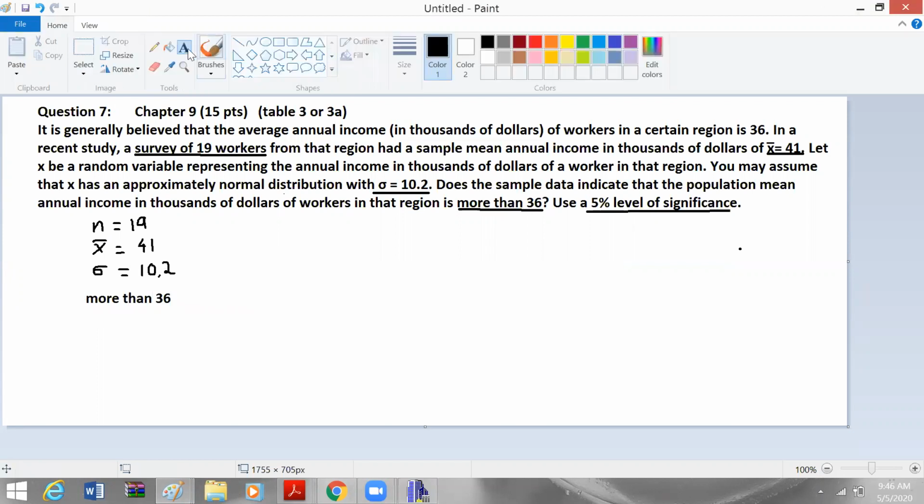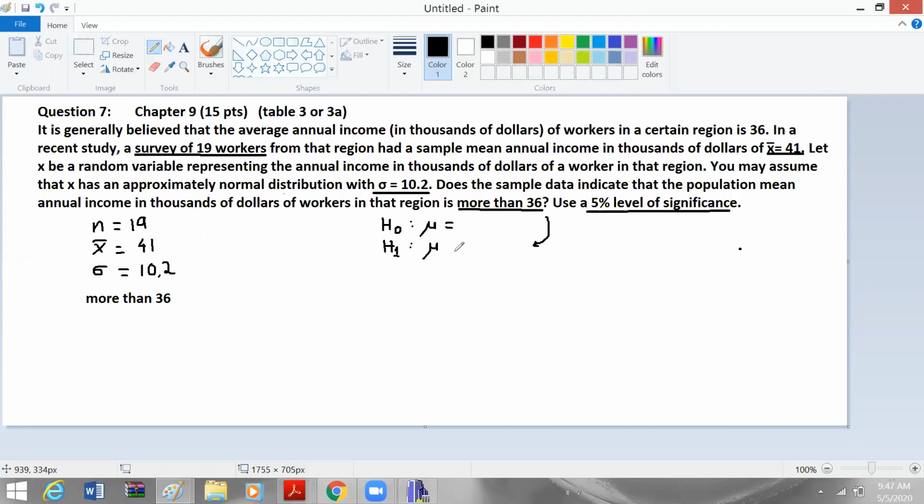When we write down the hypotheses, we start with H0 and H1. The H0, again, is the equal one, and the second one, H1, uses the keyword that we have here, more than 36.